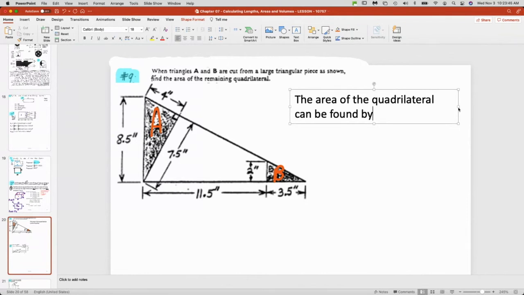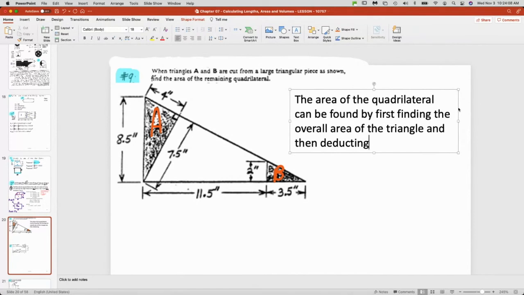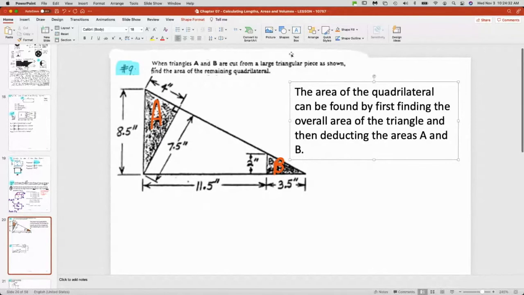You can find the overall area of the triangle. That's right. Thank you, Sanjit. So find the overall area of the triangle and then deduct the area of triangles A and B. So let's find the overall area and then work from there.